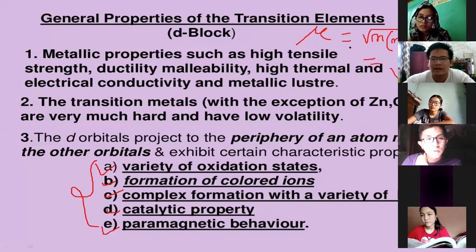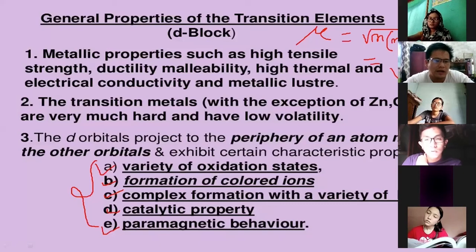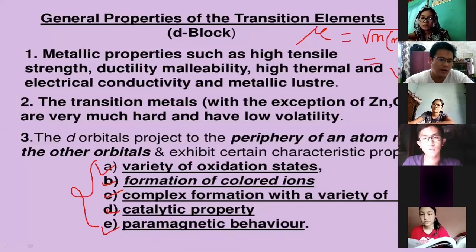We can easily find the magnetic moment for iron by simply substituting 4 plus 2 equals 6, so root over 24 Bohr magneton, which comes to about 4.9 Bohr magneton. Half filled configurations have more unpaired electrons, so they show paramagnetic character.